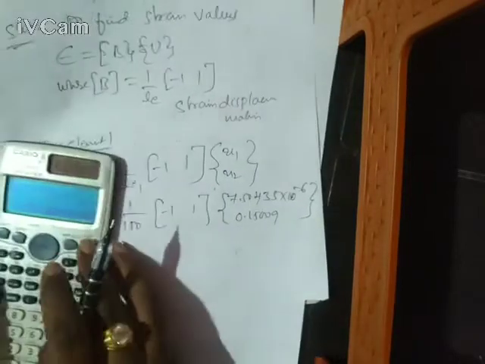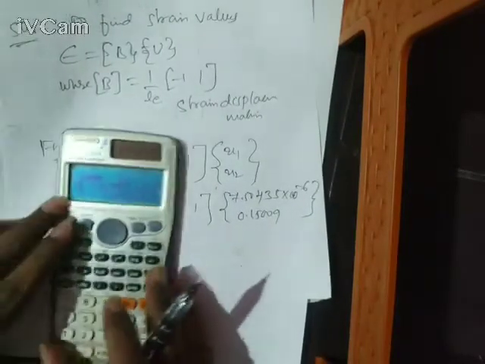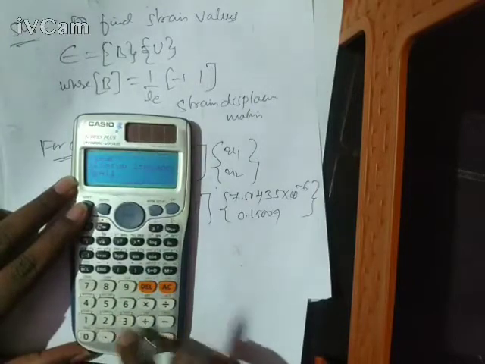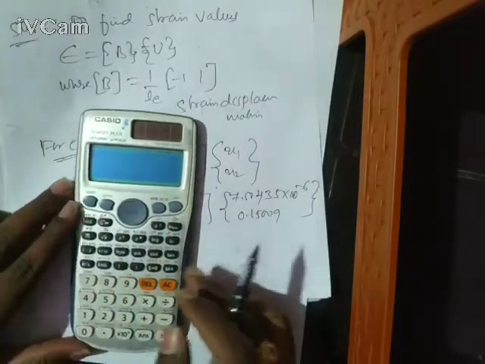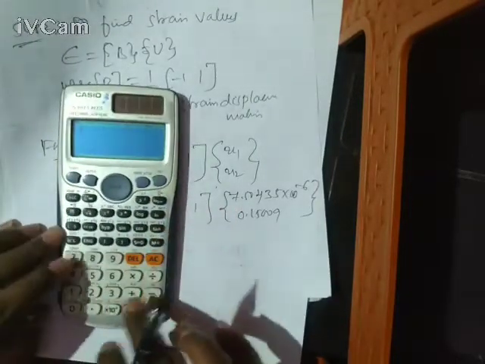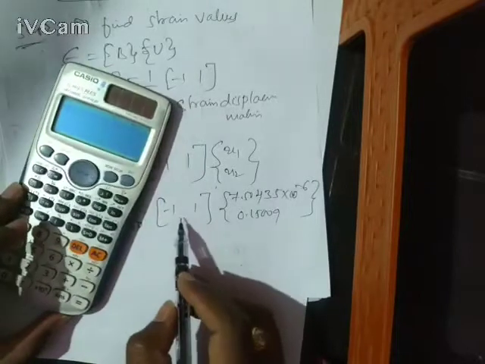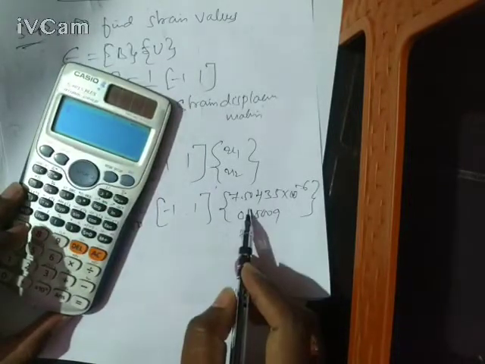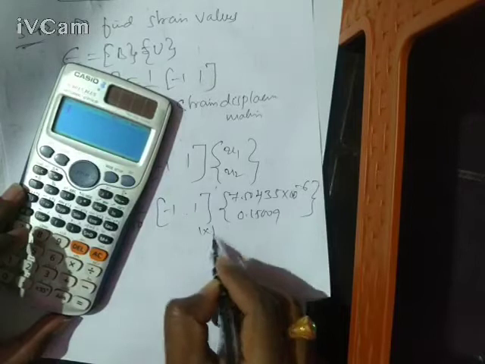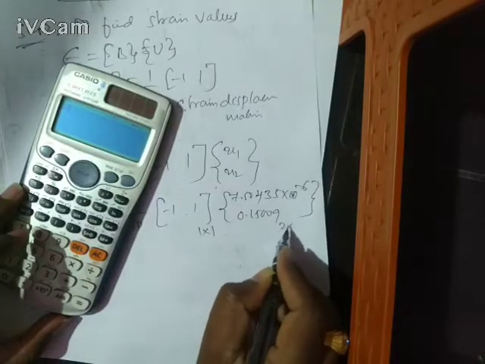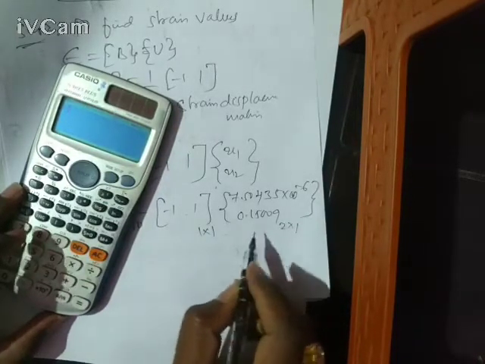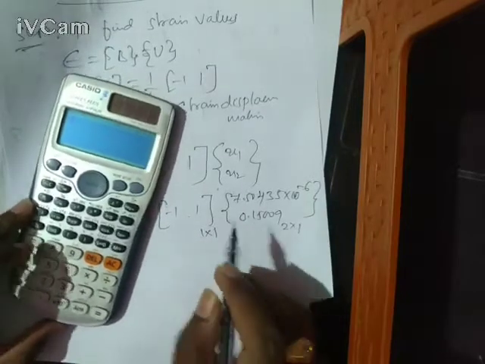See here, now I have to simplify this to find the strain 1 value. So now I will be coming out of the matrix equation. If I multiply this matrix and this matrix, this is 1 cross 2 and this is 2 cross 1, so I will be getting a matrix of order 1 only.